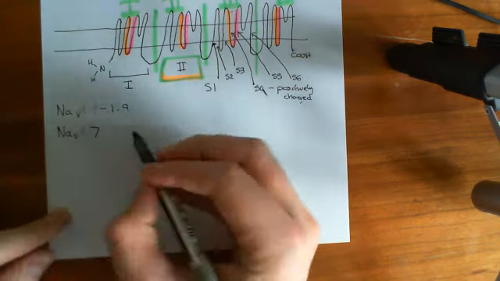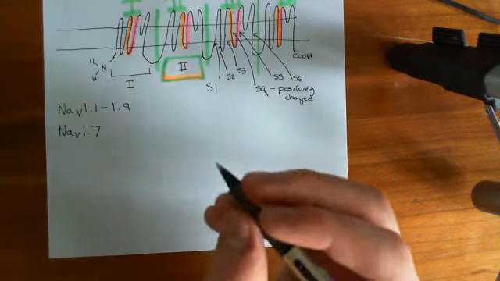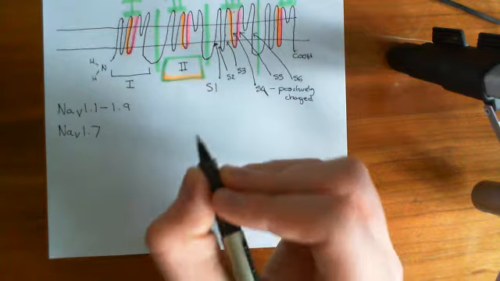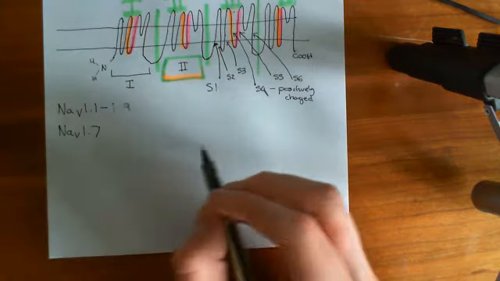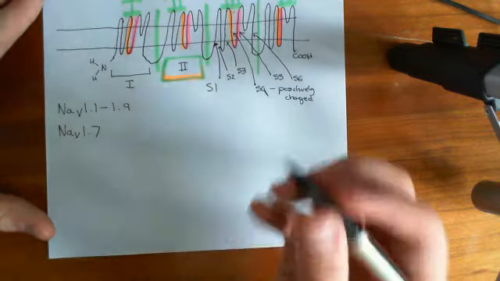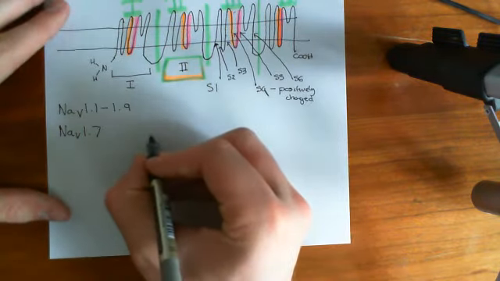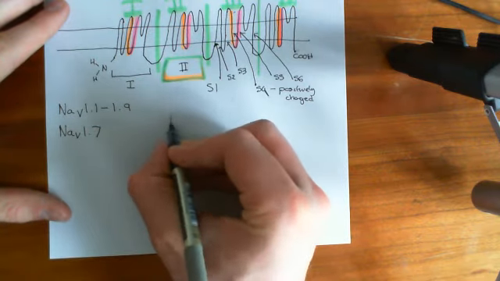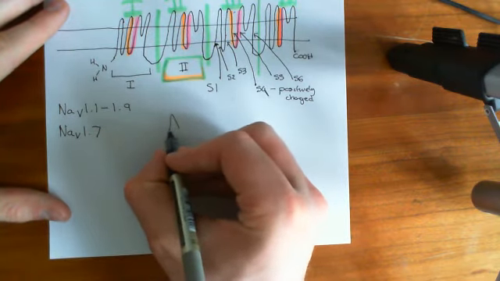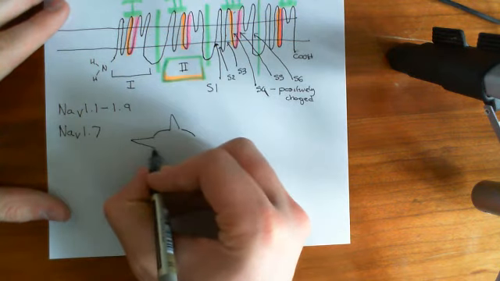Let me just explain. You have sensory neurons, pain receptors basically, that go out to your arm. Let's just draw a vertebral column here, like this kind of thing.